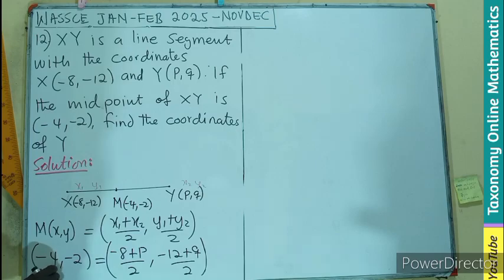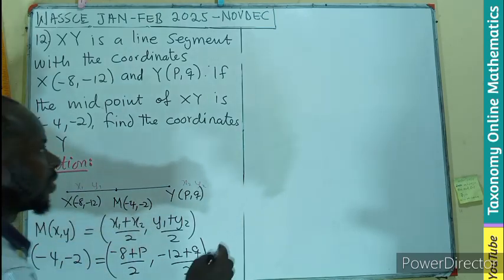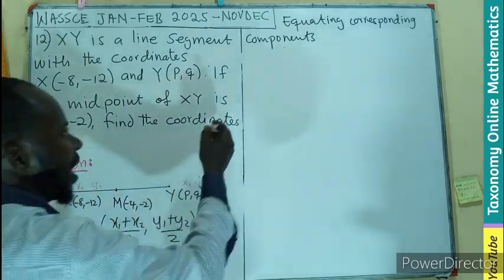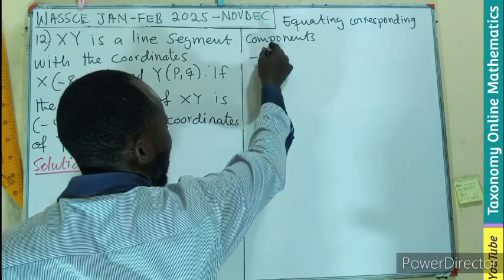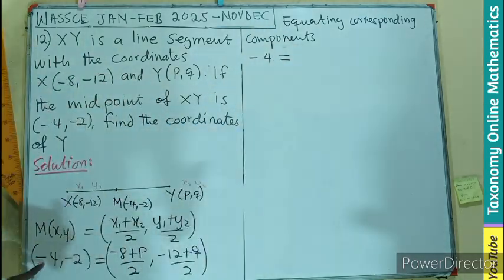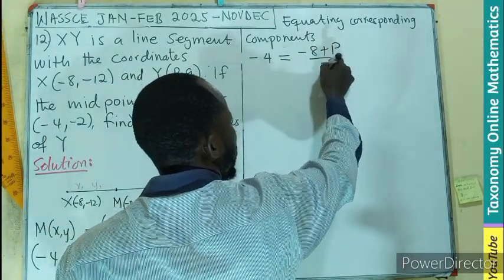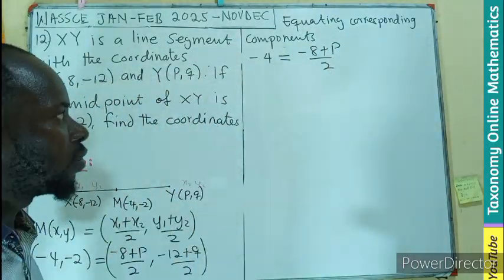So now we are going to equate corresponding components. Equating corresponding components, I still have my x component to be -4 being the same as -8 plus P on 2. That is for the x component.